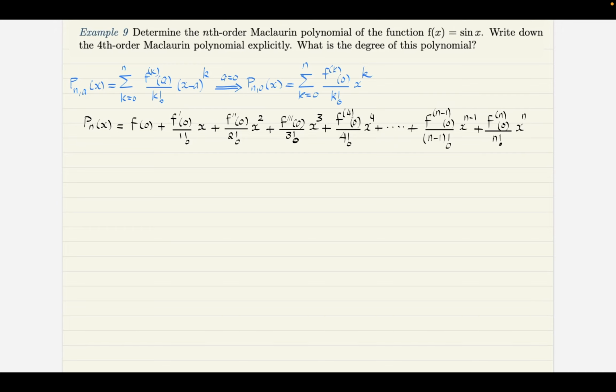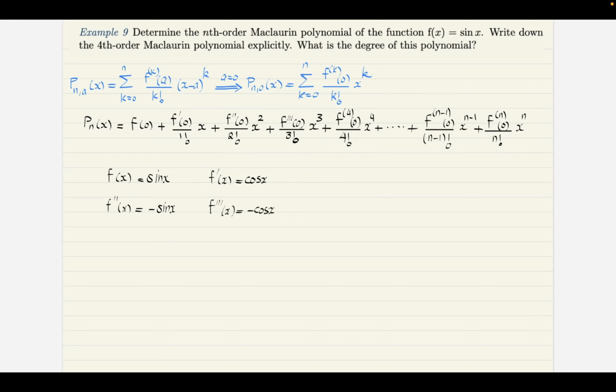Okay, so the function that we have, f of x, is sine x. Now if I differentiate it once, it becomes cosine x. Now if I differentiate it again, f double prime of x, the derivative of cosine turns out to be minus sine. If I differentiate this one again, then it becomes minus cosine.